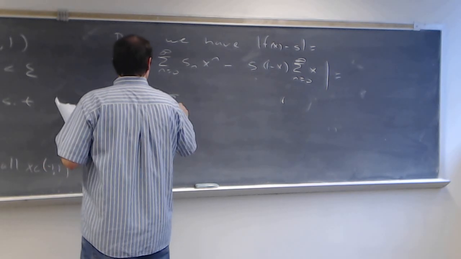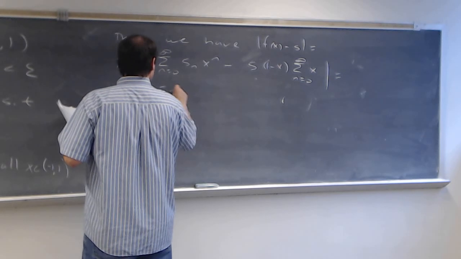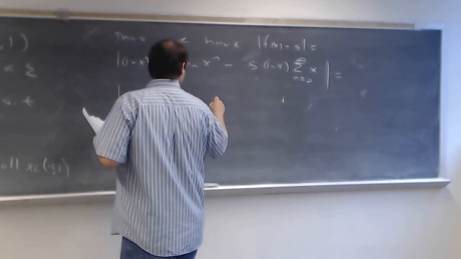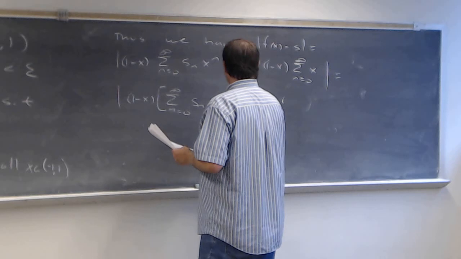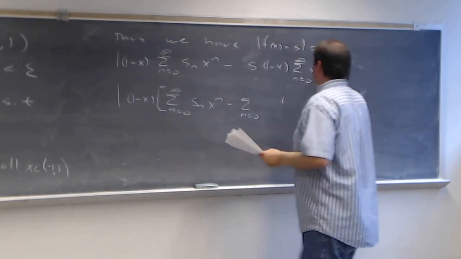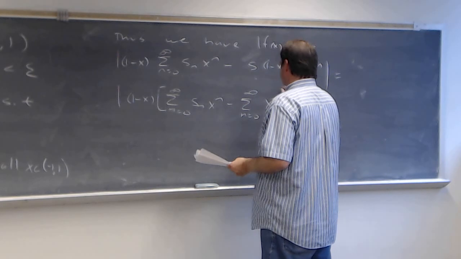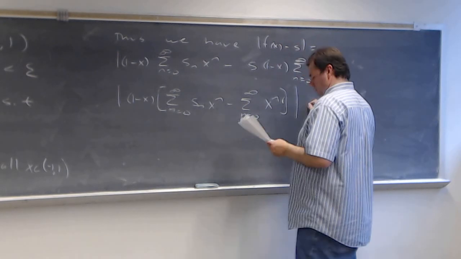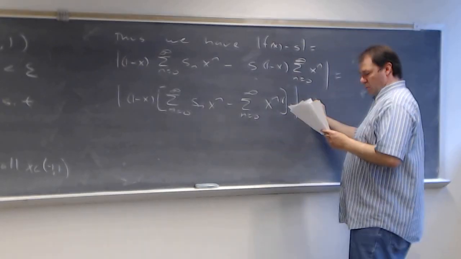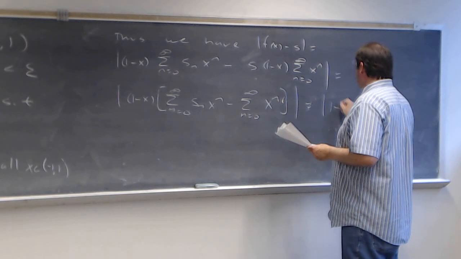The sum as n runs from 0 to infinity of s of n, x to the n, minus the sum as n runs from 0 to infinity of x to the n. I made a mistake there, this should be x to the n. Which we can rewrite as the absolute value of 1 minus x.